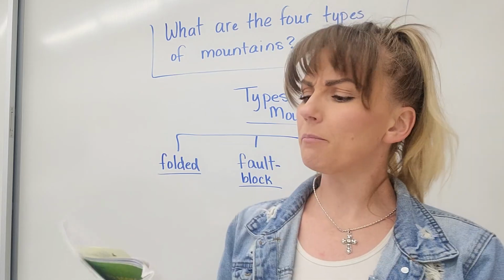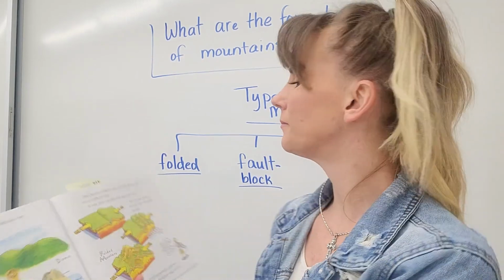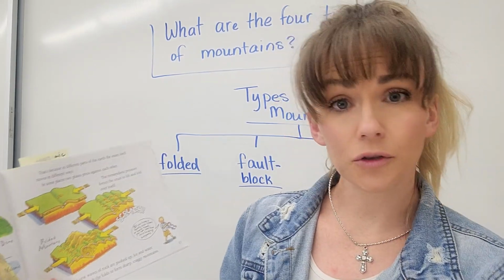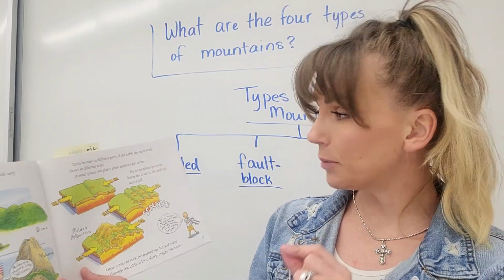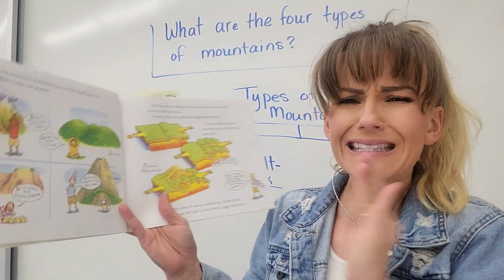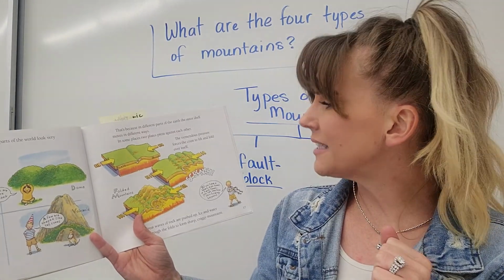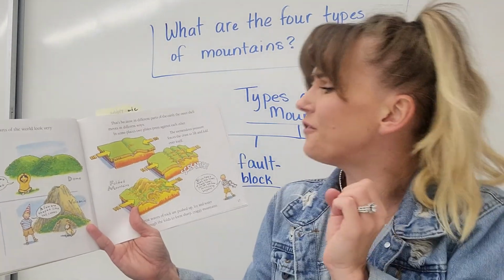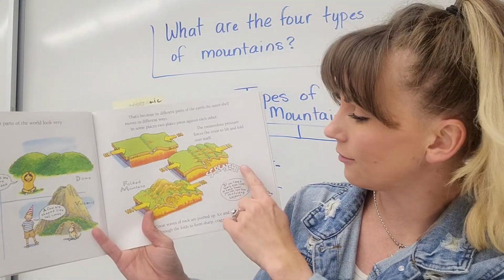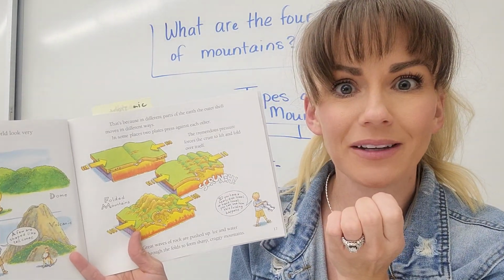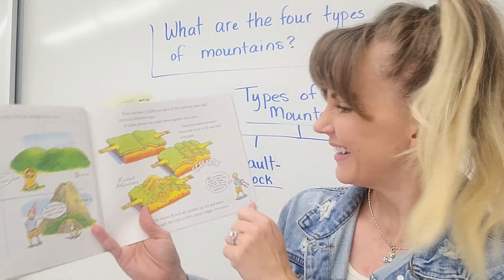That's because in different parts of the earth, the outer shell moves in different ways. In some places, 2 plates press against each other. The tremendous pressure forces the crust to lift and fold over itself. Do you think that might be fold mountains? I think so too.